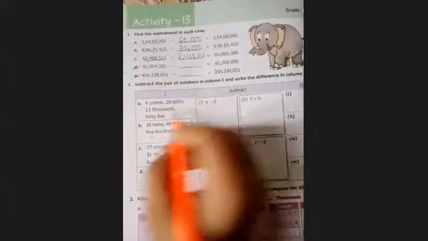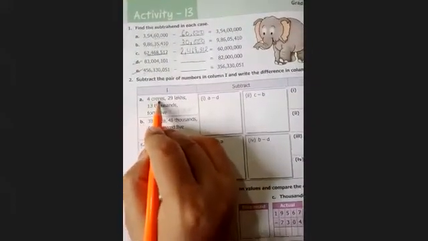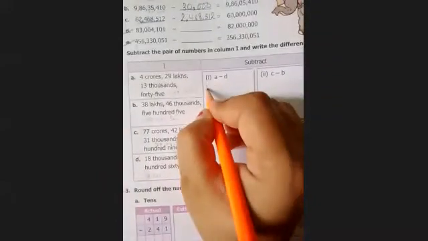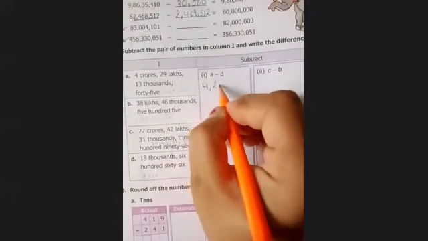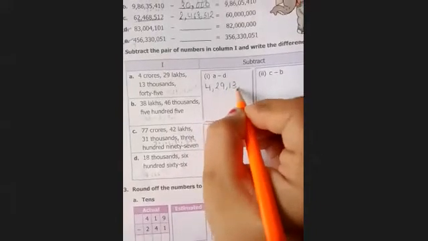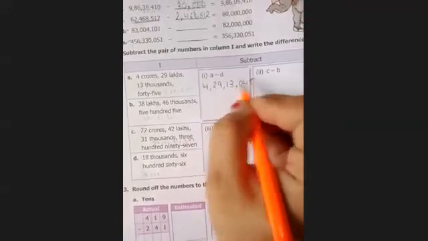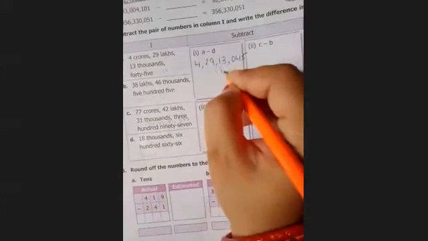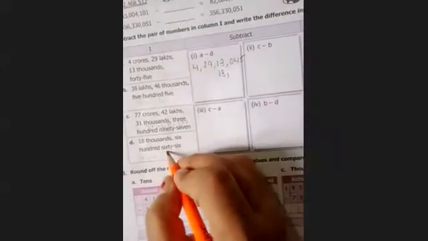Now A is 4 crore 29 lakh 13,045. It is 4 crore 29 lakh 13,045 minus D. D is which number? It is 18,666.